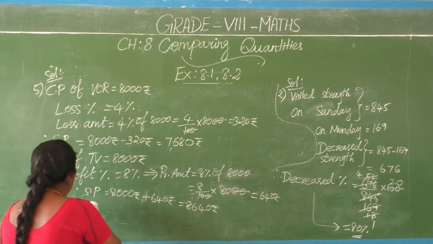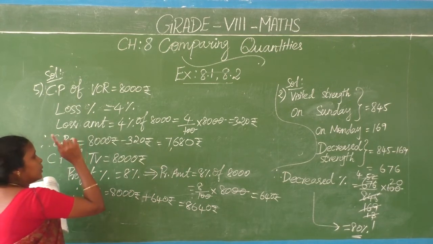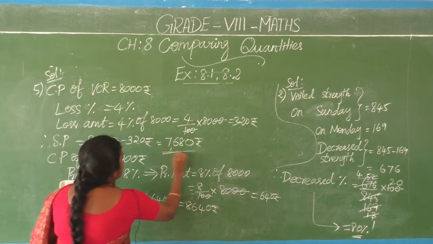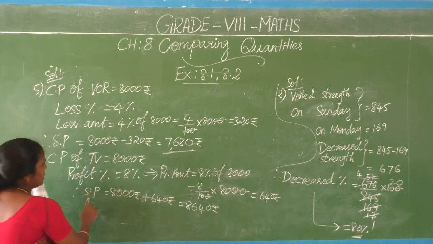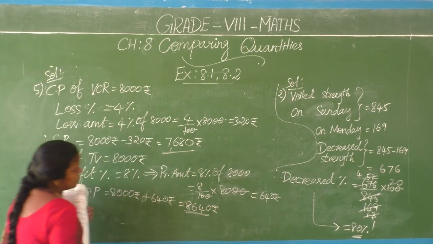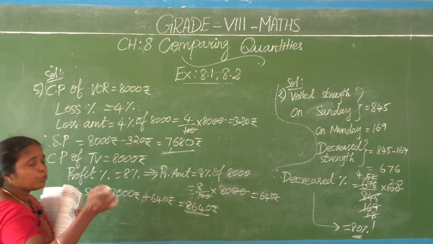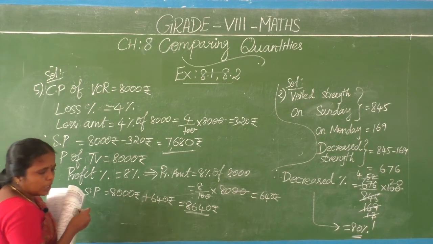Now the VCR selling price is 7,680, the TV SP is 8,640. So now the overall SP and overall CP both are to be compared, then only we come to a conclusion.